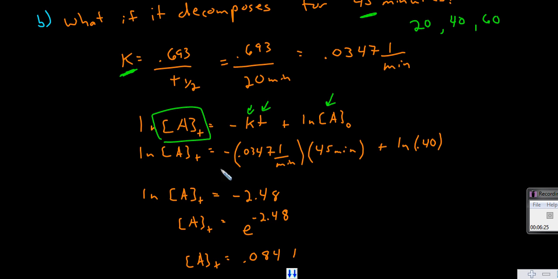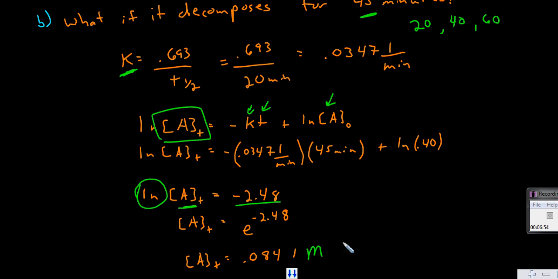Just like in our first-order reactions video, we see that the concentration that remains can be found by getting rid of the natural log, taking e to the whatever value you had here, so e to the negative 2.48 gets rid of the natural log, and so the concentration that remains is 0.0841 molar. Now does this make sense?